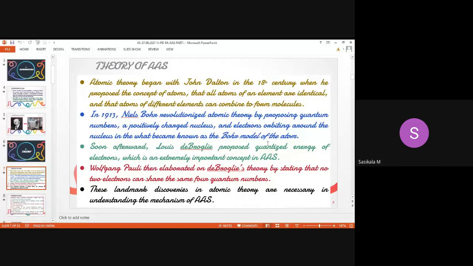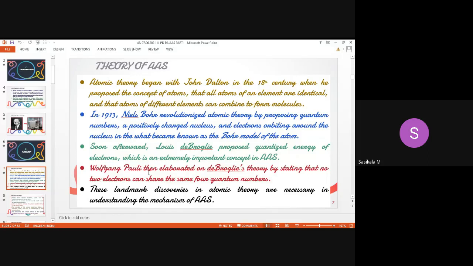Photons are said in terms of quantum. Quanta are photons. Already we have seen energy is directly proportional to frequency, that is, E equals h nu. h nu is nothing but a photon. So the electron is absorbing a photon. Which electron is going to absorb the UV visible photon? The valence electrons present in the atom.